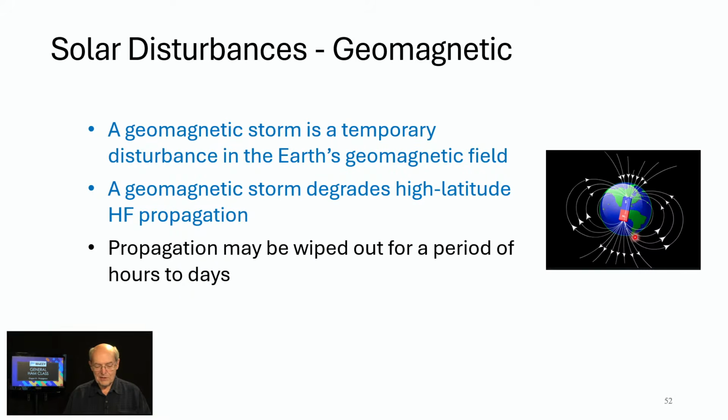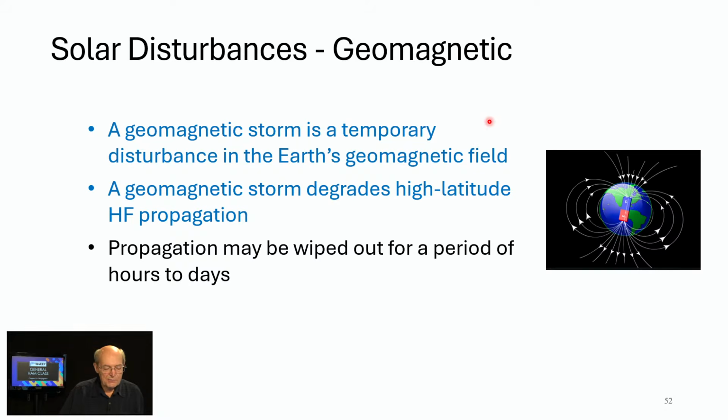So we've got a permanent magnet here on the Earth, north and south. Well, if the particles from the sun, these charged particles from coronal holes or coronal mass ejections, are southward facing, they'll strongly couple into the Earth at the poles, which will mess up the magnetic properties of the Earth. That is a geomagnetic storm.